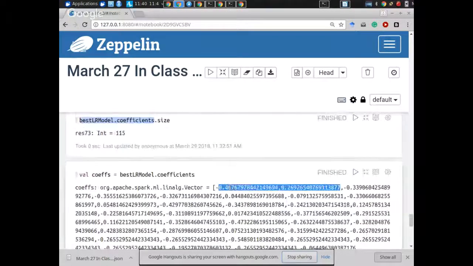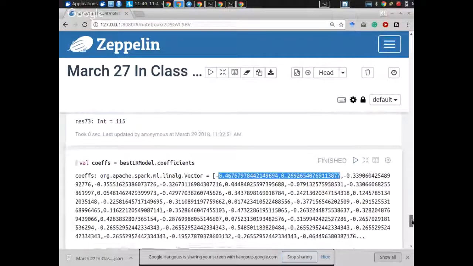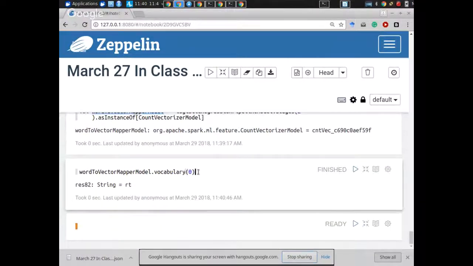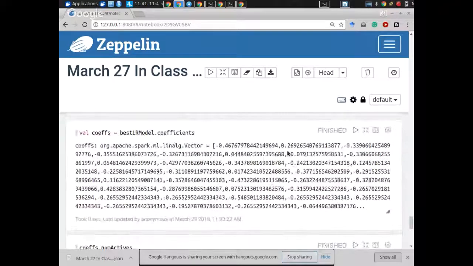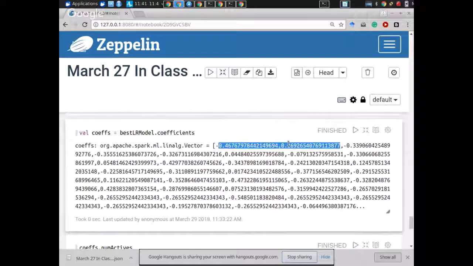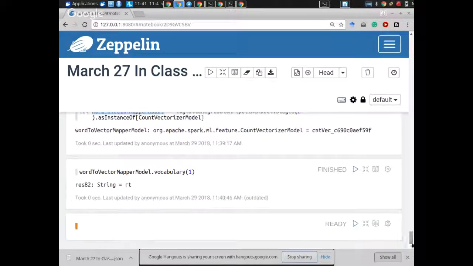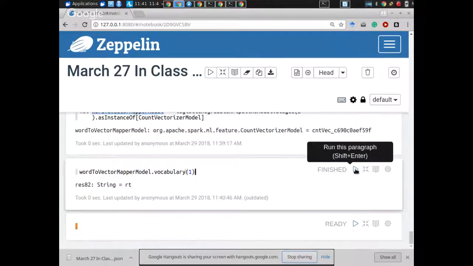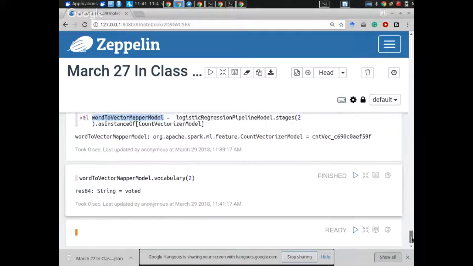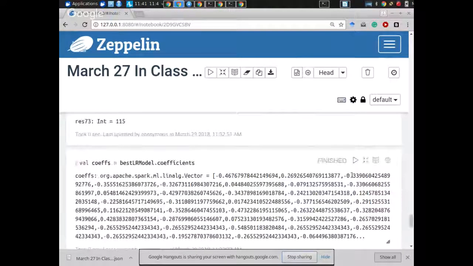Retweets were not highly predictive here of a health-related thing. Word 1, by contrast, was quite predictive of a health-related thing. It has about 0.27, this guy right here. And not surprisingly, that word was what? Sick. Yeah, okay. And then word 2, meanwhile, voted. It's not all that predictive, nor was millions, thank goodness.